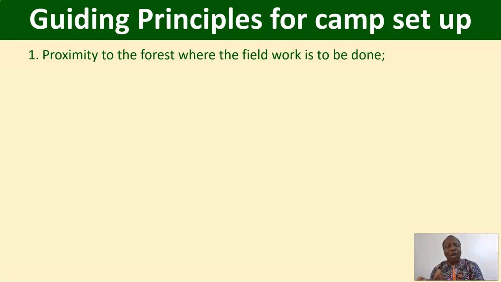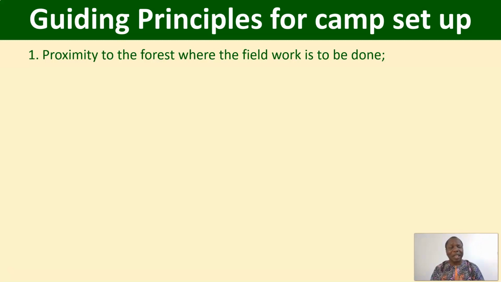So in order to avoid such, you have to set up a camp very close to where you will do the work. If your camp is close enough such that within 30 minutes you're already in your plot, then if you set out to the field by 7, by 7:30 you're already in your plot starting to work. And because you know you have just 30 minutes to get back to camp, you can continue your work on the field even till 5 p.m., 6 p.m. And by 6:30, you are back in the camp.